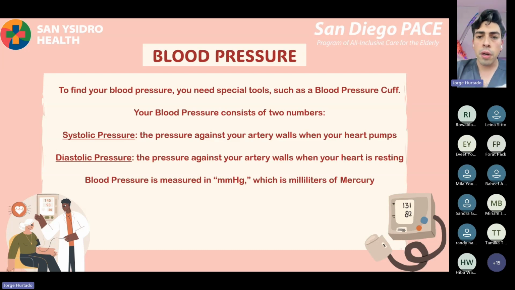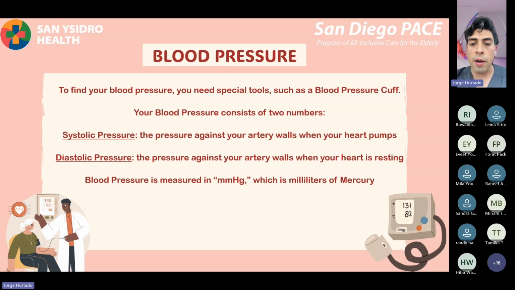So what's the difference between the two? Well, the one on top is the one we get when the heart is contracting. The one on the bottom is when the heart is relaxing. They're both equally as important.